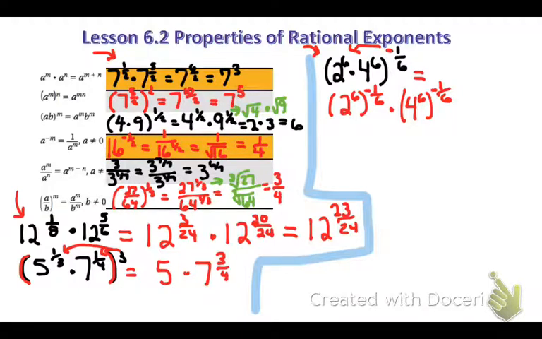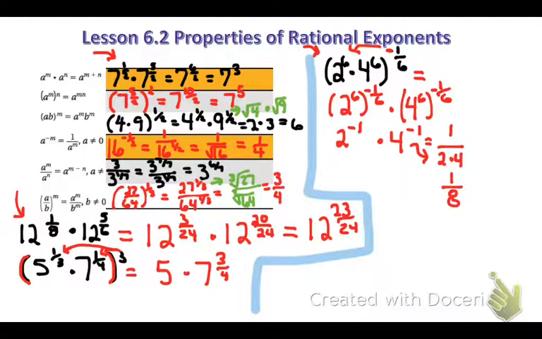So -1/6 times the 6 will give us 2 to the -1 times 4 to the -1, and we know that this negative sends it down to the denominator. So we end up with 2 times 4 in the denominator, a 1 in the numerator, so the final answer for this one will be 1/8.